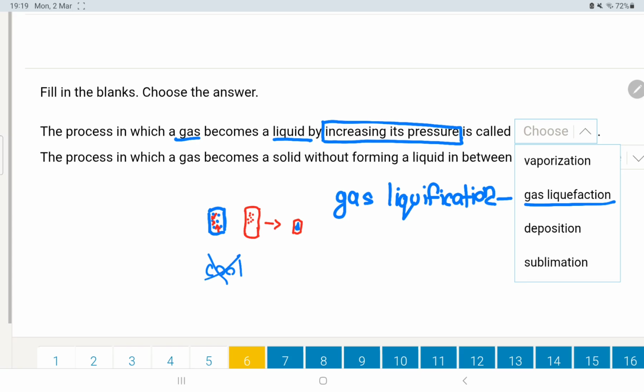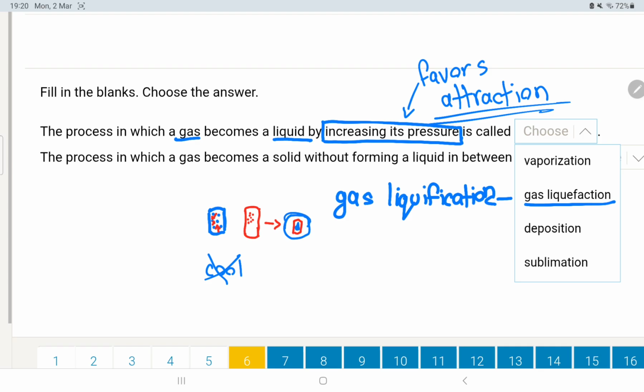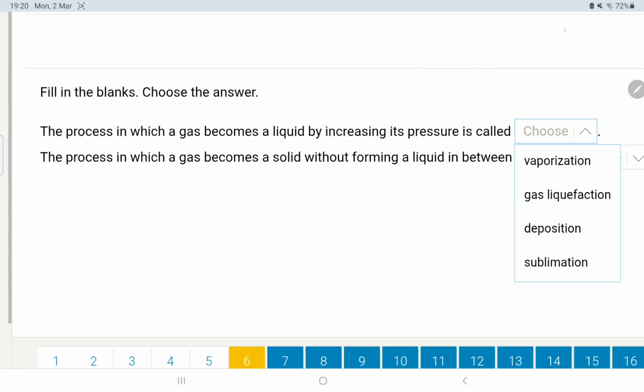In gas liquefaction, you change it from a gas to liquid by increasing the pressure. Because what happens when you increase the pressure? It favors, what does it favor? Attraction. Okay? So these gas particles are gonna come together to make a liquid particle, or many liquid particles. Okay? So gas to liquid, increasing pressure, gas liquefaction.